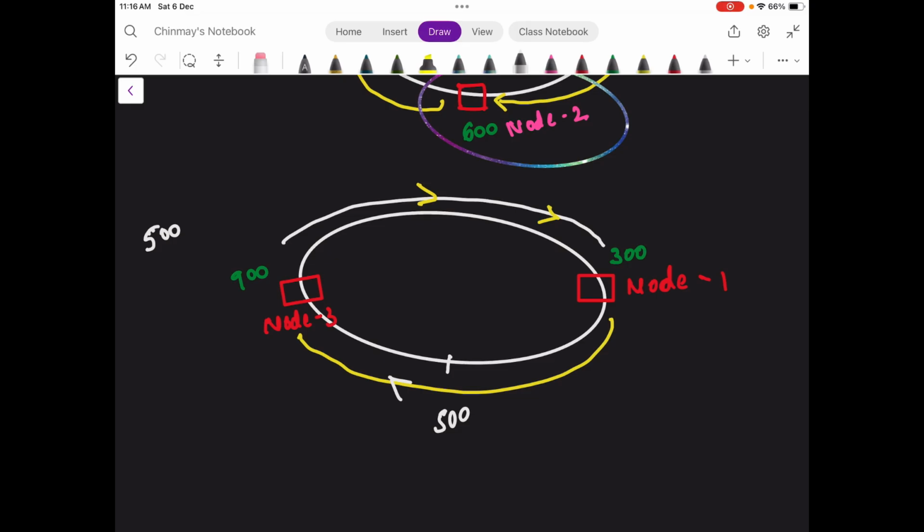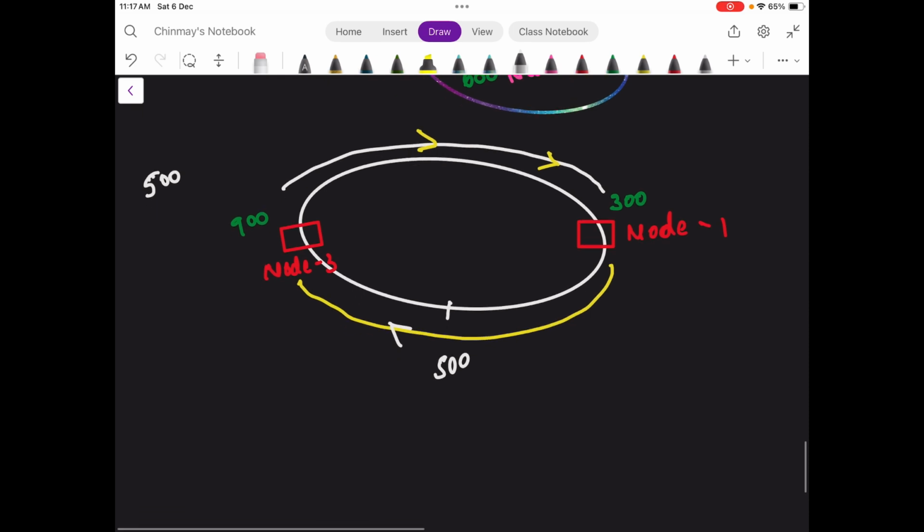That is an advantage of consistent hashing. When nodes are increased or decreased, there is no impact in retrieving the messages. This is an advantage of consistent hashing over traditional hashing.